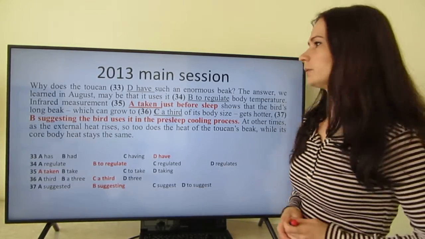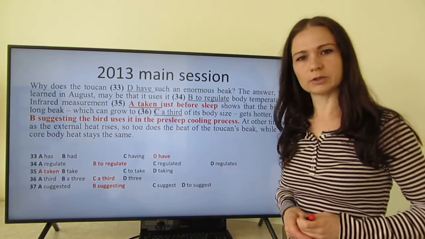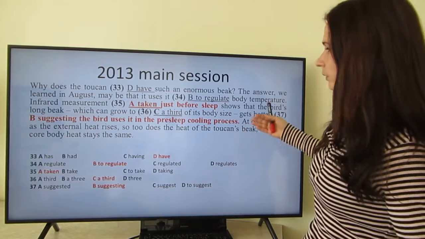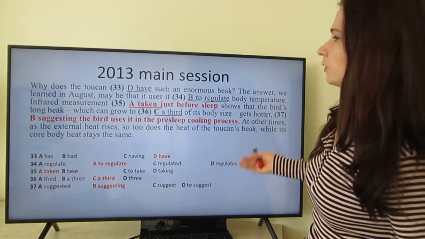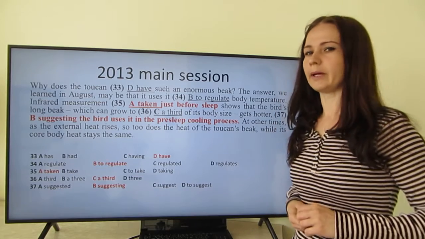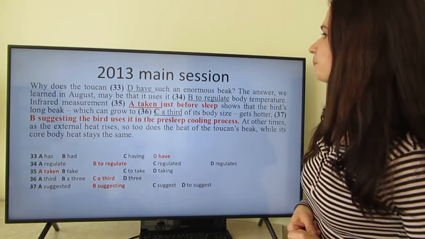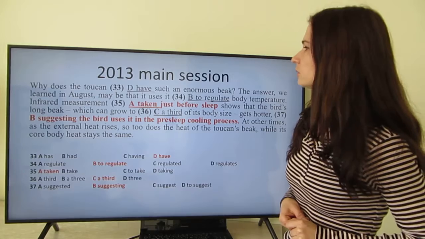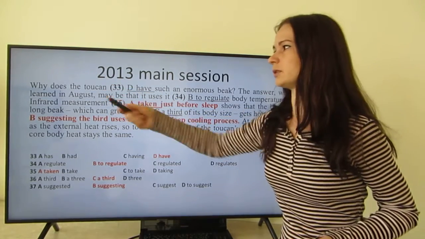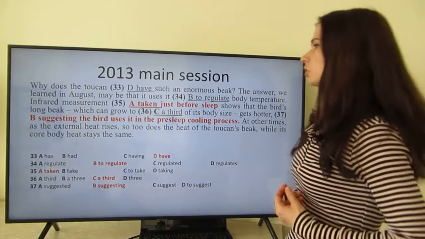2013 main session. We have some other gaps along the way. We need the context, so we have another 4 or 5 gaps, so we will discuss them but briefly, focusing mainly on participle clauses. Why does the toucan have such an enormous beak? Have, it's the present simple, we have does, so have.